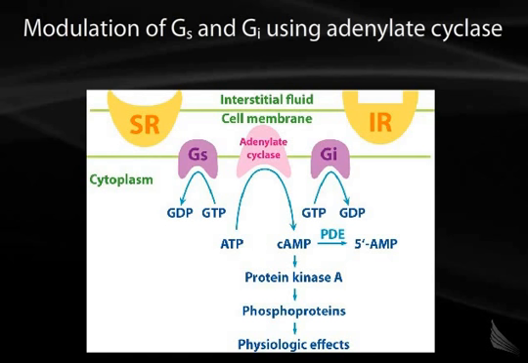Or an inhibitory receptor, when it gets activated, will also cause the activation of its G protein, but when it gets activated, it will inhibit adenylyl or adenylate cyclase, which would inhibit the production of cyclic AMP.